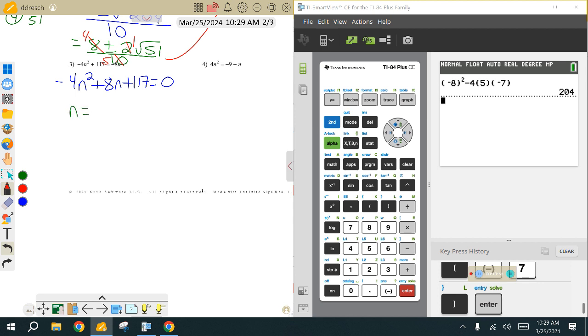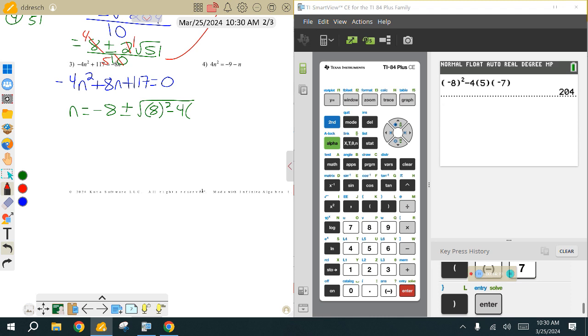Okay, what's it say at the top of your paper? Negative b. So negative what? Oh, negative b is negative 8, correct? Okay. Plus or minus the square root of. It says b squared. So 8 squared minus 4. What do we lock in a as?